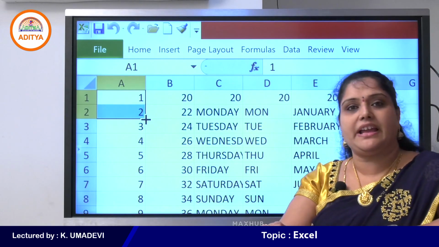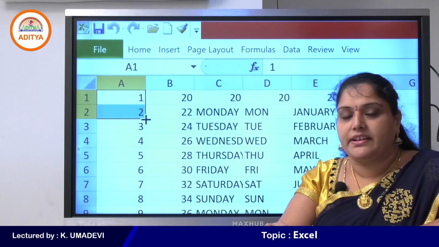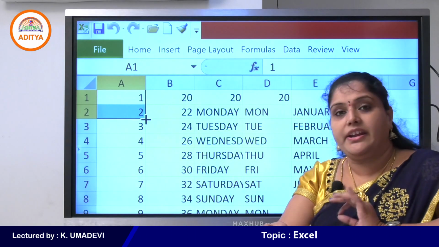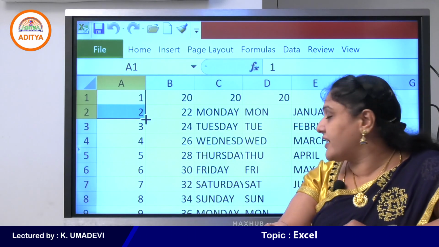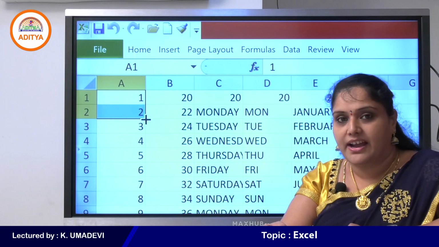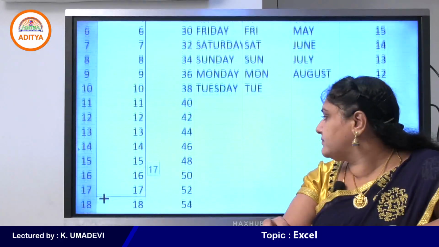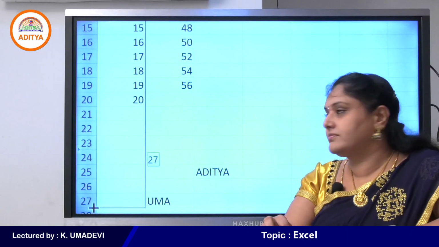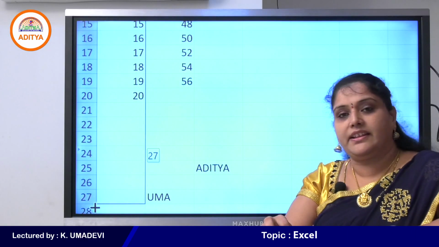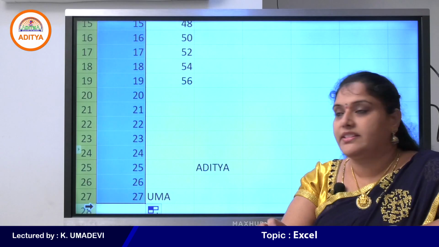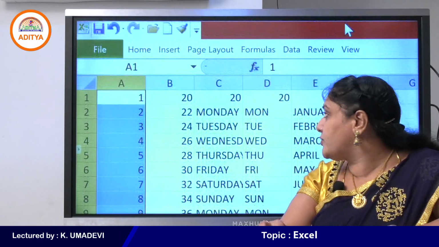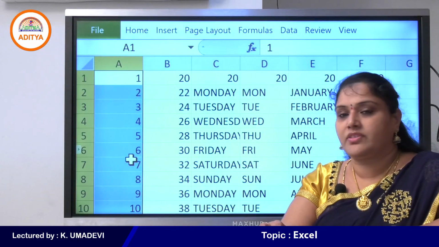This is called the fill handle. Simply click and drag it in any direction, that is drag down, drag left, drag right, or drag up, and then release the mouse click. Like this we use fill handle to auto fill the series.